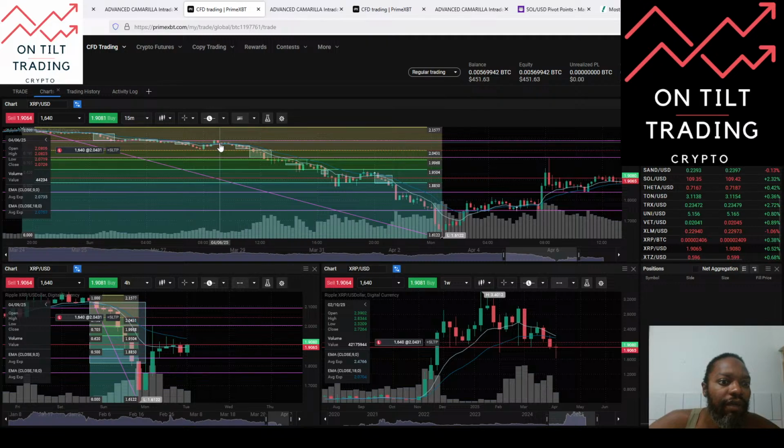So with this fair value gap here, it's possible I could take an entry further up, maybe around here, like a 208.67. Let's see what that would do.